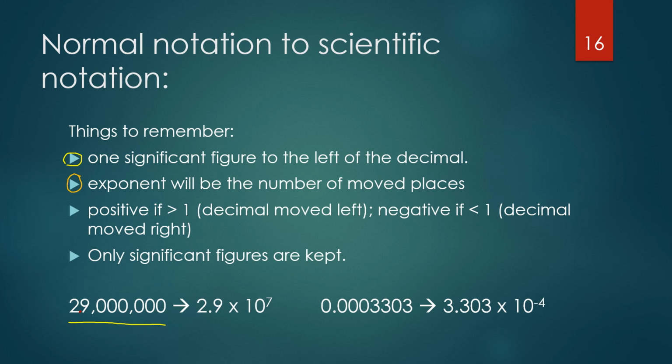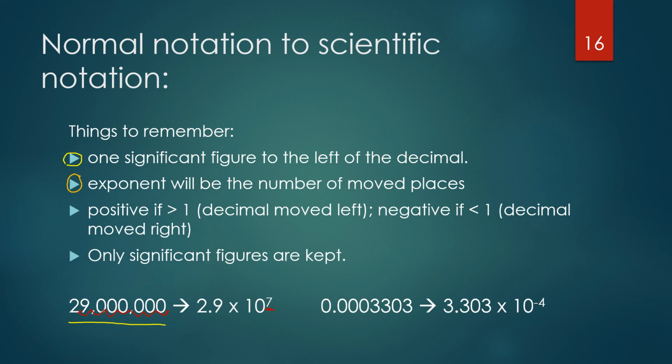So if there is no decimal point present, you start at the end of the number and then move your way all the way over until you get it between the 2 and the 9. So let's count how many times we're going to have to move this decimal. I've moved it twice so far, 3 times, 4 times, 5 times, 6 times, 7 times. So I had to move that decimal 7 times to get it between the 2 and the 9. So that's where the exponent 7 comes from.